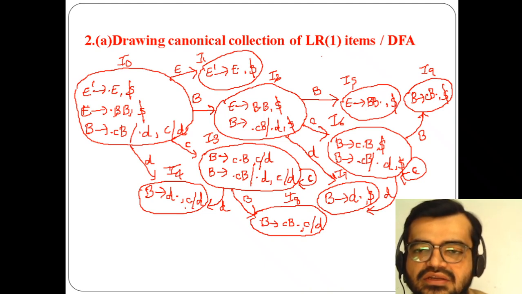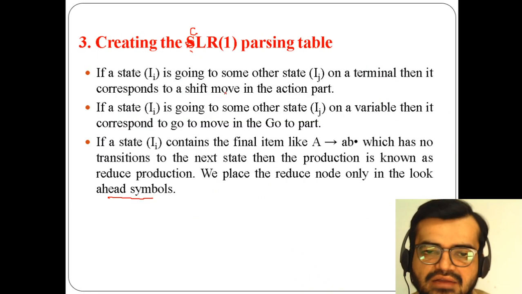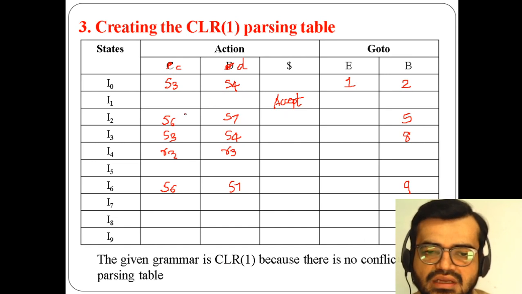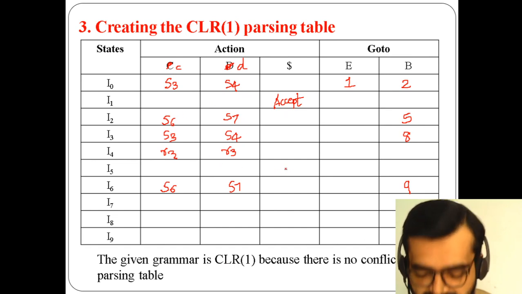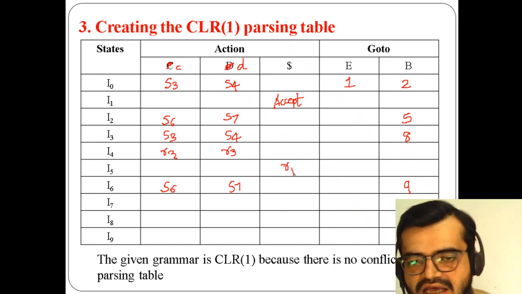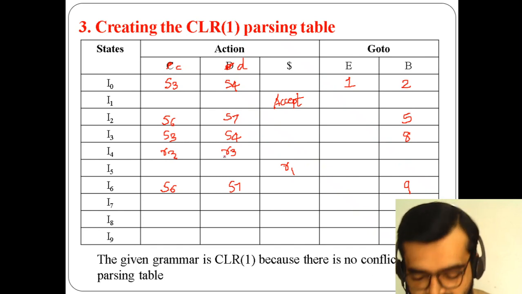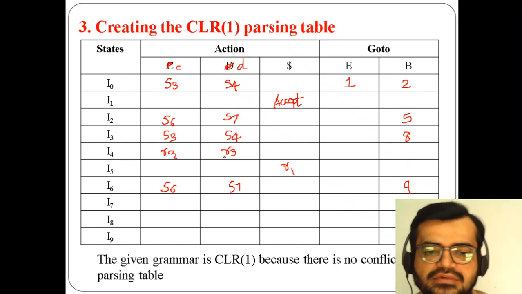The look ahead symbol is dollar, and E of BB dot means R1 because the number is 1. So here I'm using R1, and only one look ahead symbol is there, which is dollar. So I'm writing R1 here. I should not write R1 in C and D. That's how we need to perform CLR parsing table.